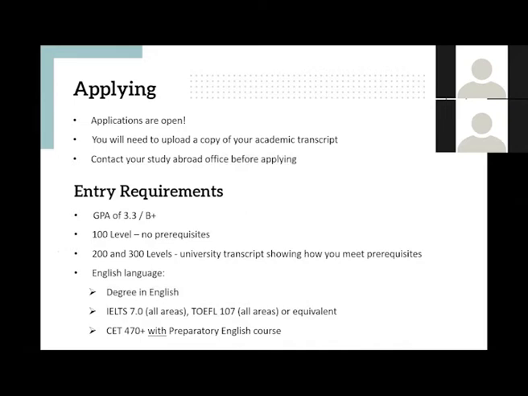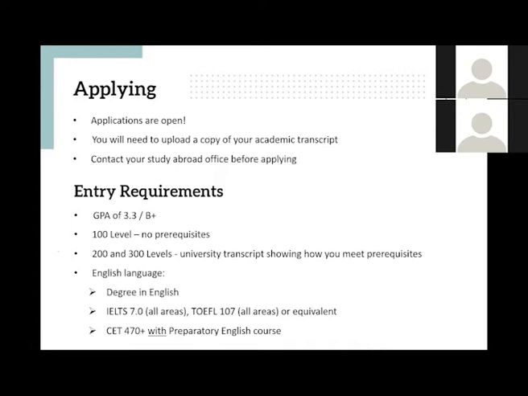So you'll see on screen there a guideline on entry requirements, so a GPA of 3.3 on a 4.0 scale, or B+, if you're on a letter grade scale. Now, course assessors can often be flexible on those grades, depending on the strength of the application as a whole.